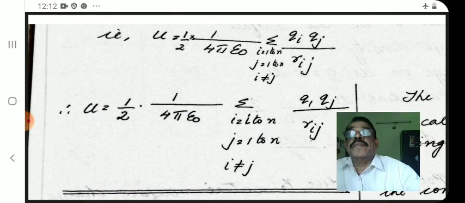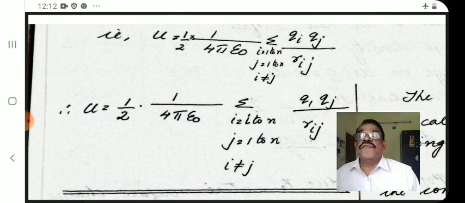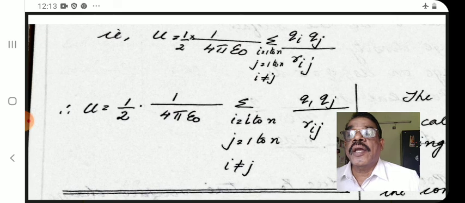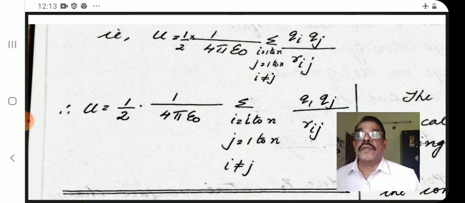I expand it. U is equal to half of 1 by 4 pi epsilon 0 sigma, I is 1 to n, J is 1 to n, I not equal to J, Qi Qj by Rij. For example, the 2 charge case we write U is equal to 1 by 4 pi epsilon 0 Q1 Q2 by R12. And you will have a doubt here: why is the half coming there? A half term is put in front. Why?